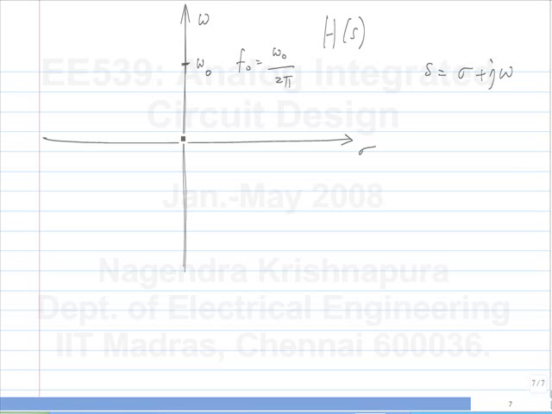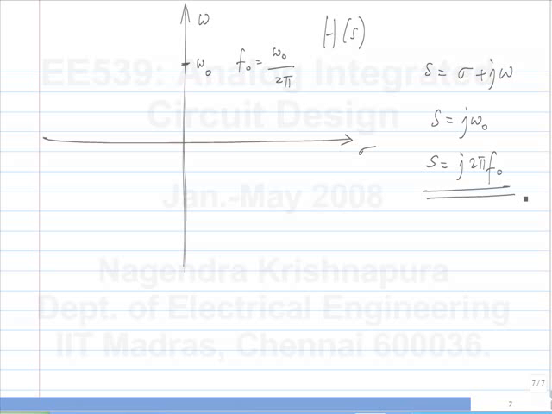To calculate the steady state response of a circuit, I need to find the response to a particular sinusoid. And a sinusoid of frequency omega naught corresponds to S equals j omega naught, or a sinusoid of frequency f naught corresponds to S equals j 2 pi f naught. So that's what I did there.